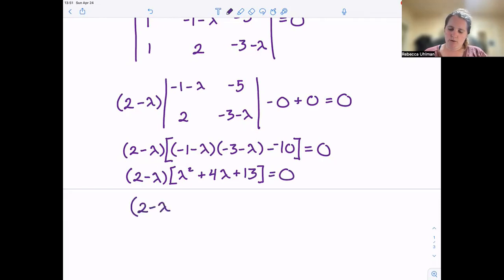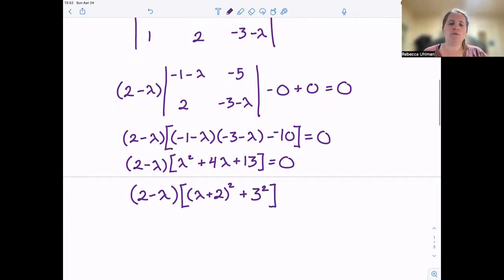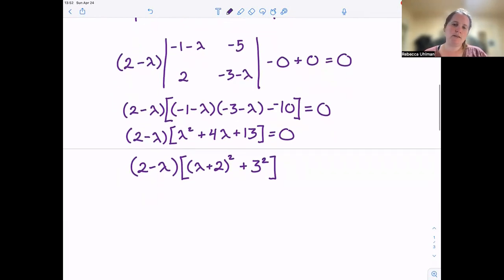We can complete the square on the brackets. That becomes lambda plus 2 quantity squared. That gives us lambda squared plus 4 lambda plus 4. We need another +9 to reach 13, or +3 squared. So we have 2 minus lambda times, in brackets, lambda plus 2 quantity squared plus 3 squared equals 0.